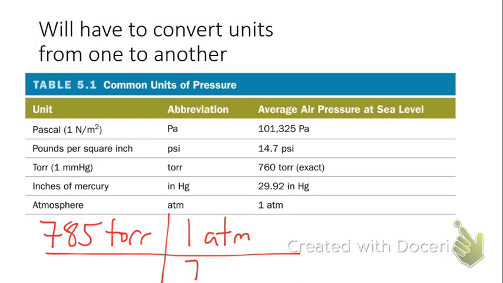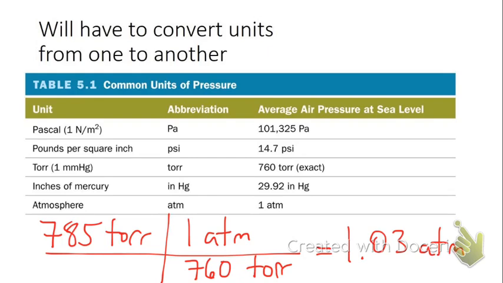So to do that conversion, you would divide by 760. And when you do that, you get 1.03 atmospheres. Right?